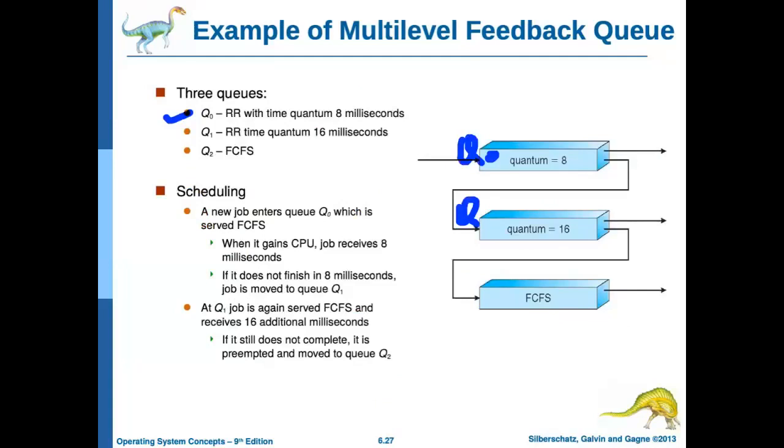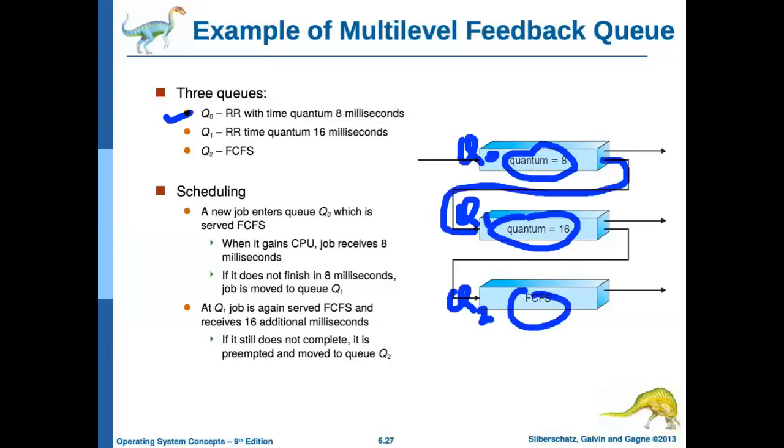Okay, and how it works is, maybe we use round robin here with time quantum equal to 8, round robin here with time quantum equal to 16, and FCFS here, where one end of the queue is connected to the next. So something like this. Okay. So 3 queues. Algorithms, each queue could be different with some different parameters.